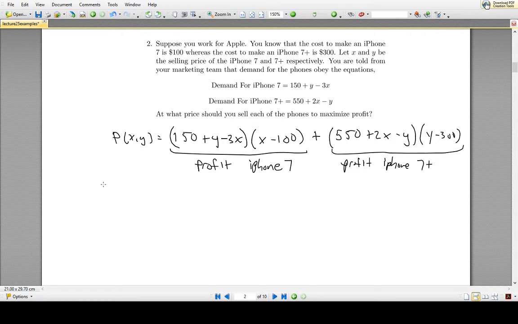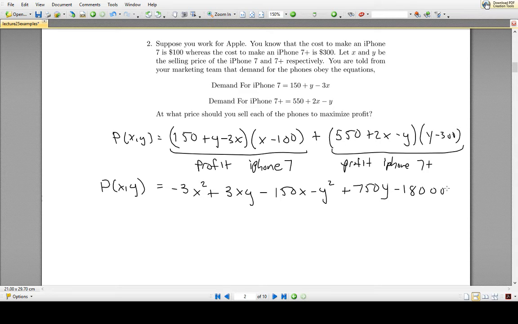So let's go ahead and actually expand all of that out and simplify it. Now I'm going to skip that step and skip right to the answer here. If you actually expand all of this out and simplify it, what you end up with is that your profit as a function of X and Y is negative 3x squared plus 3xy minus 150x minus y squared plus 750y minus 180,000.